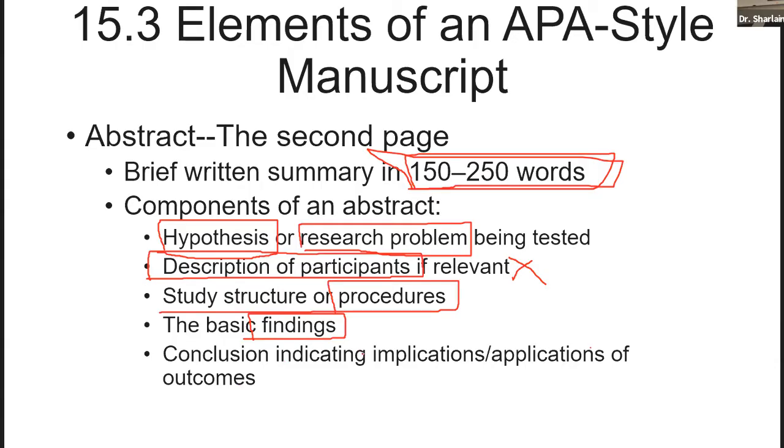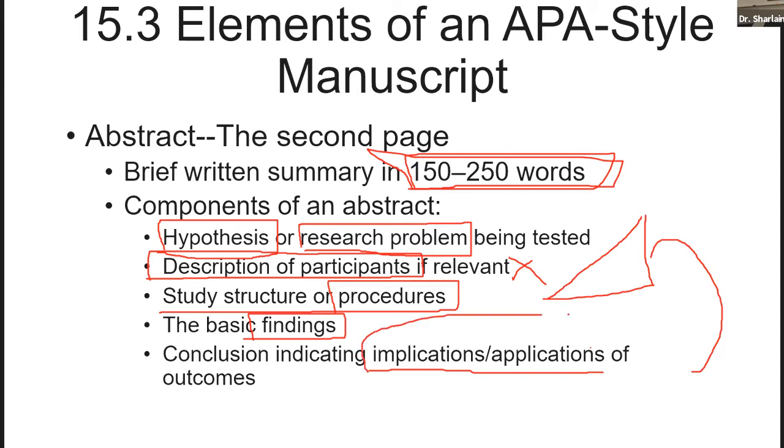Now, the next thing, very, very briefly, I should say, you want to show the audience why did this matter, right? Why did this whole thing, your hypothesis, spending time with the participants, working on those procedures, telling me about those findings, matter? The last thing that you want to mention is, why did it matter? What are the implications, right?